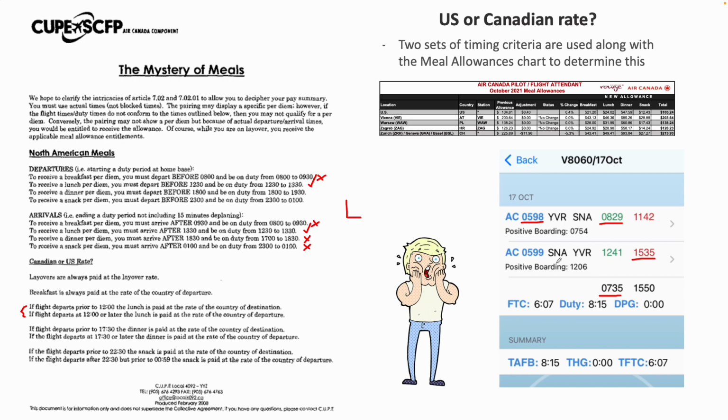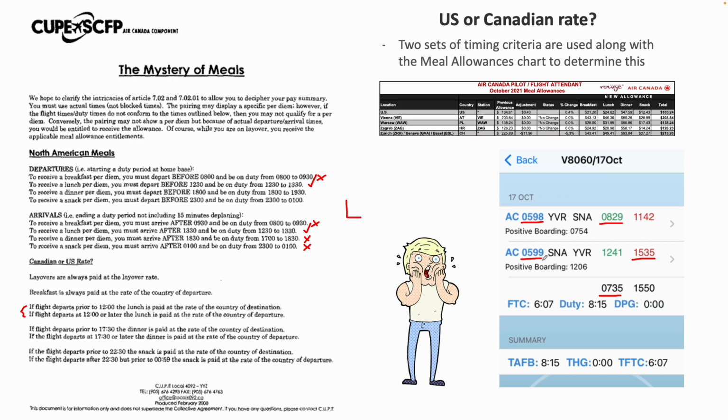We can also look at this the other way around. If we look at flight 599, that's going back to Vancouver from Santa Ana. The flight departed at 12:41 p.m. And since the flight departed at 12 or later, the lunch is paid at the country of departure when looking at this flight.